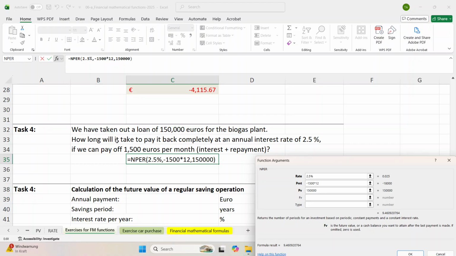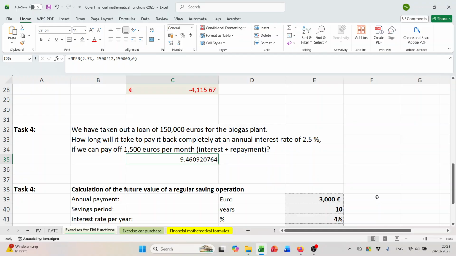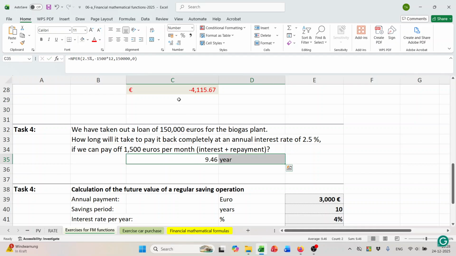And future value: we want to give it back completely, so we wish that after this time our loan will be 0, so the future value should be 0. So we need 9.46 years to completely pay the money back.